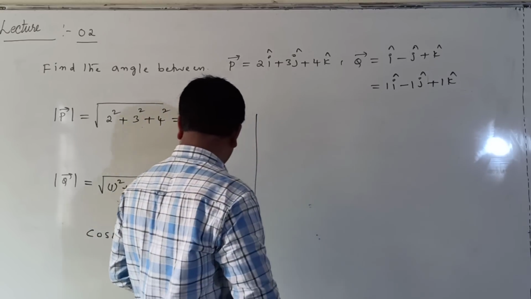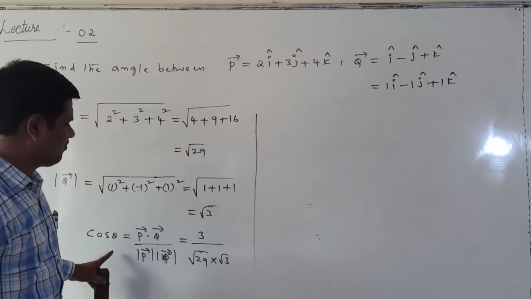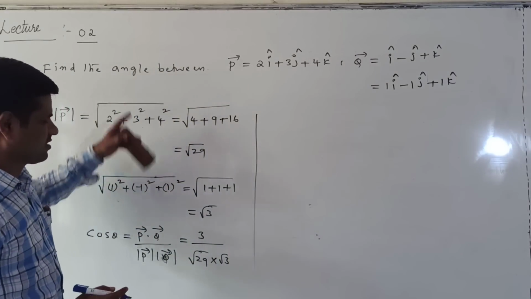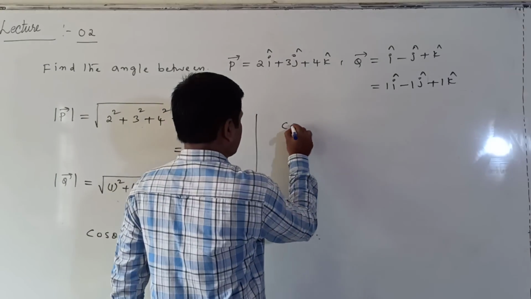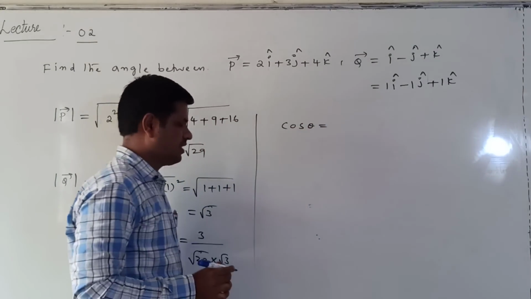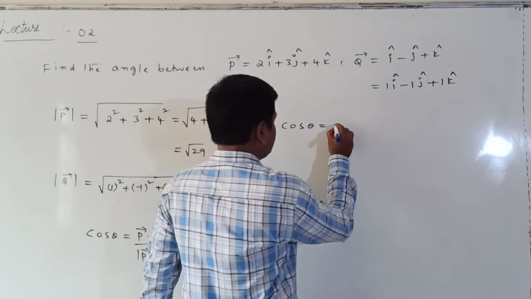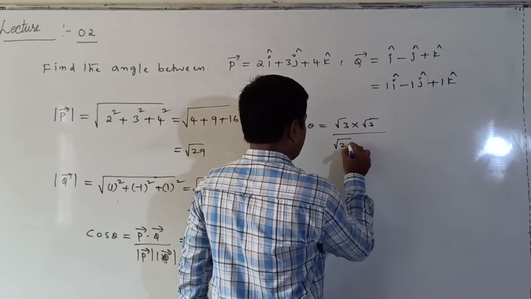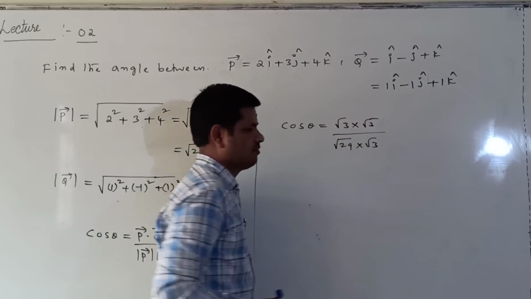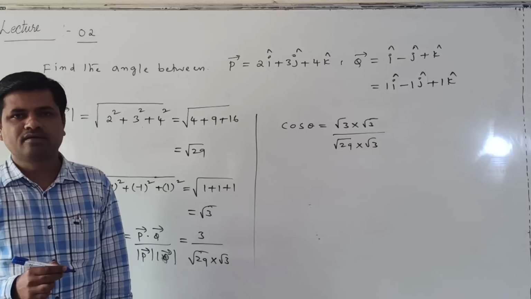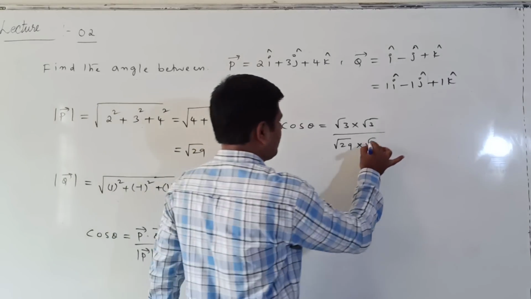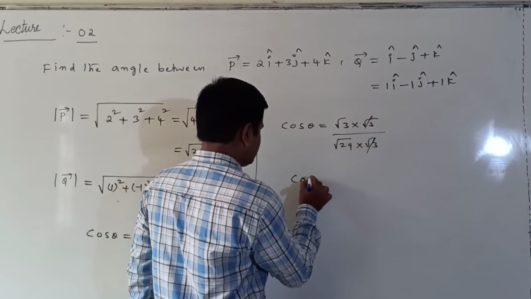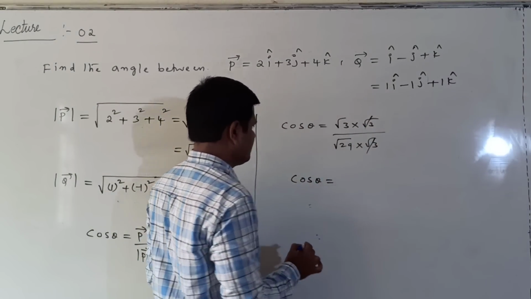From this we find theta, since the angle is asked. Cos theta is equal to 3, which can be written as root 3 into root 3, by root 29 into root 3. Here root 3 cancels. Now cos theta is equal to root 3 by root 29.